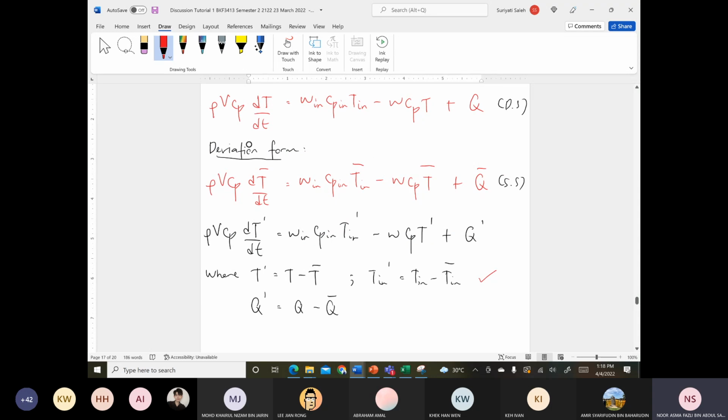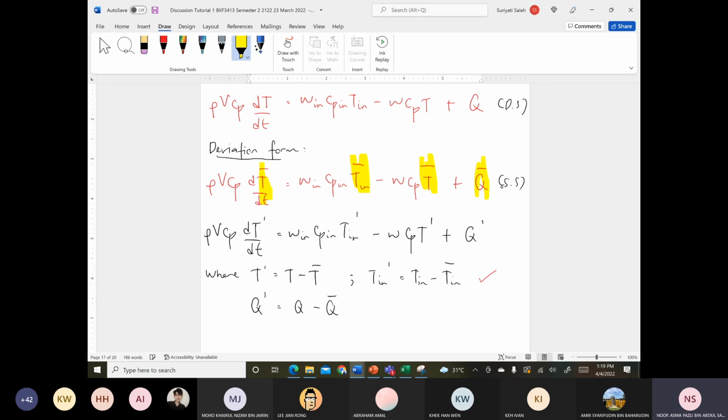Based on the differential variable, we construct two types of equation: the first one is the equation in the dynamic state, and the second one is the equation in the steady state. The main difference is we can see the DS and the SS. The SS has the bars: T bar, T in bar, and Q bar. So this represents the steady state equation.